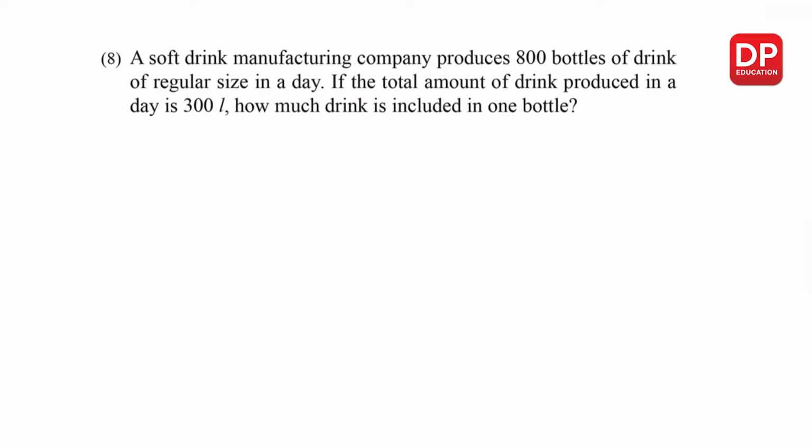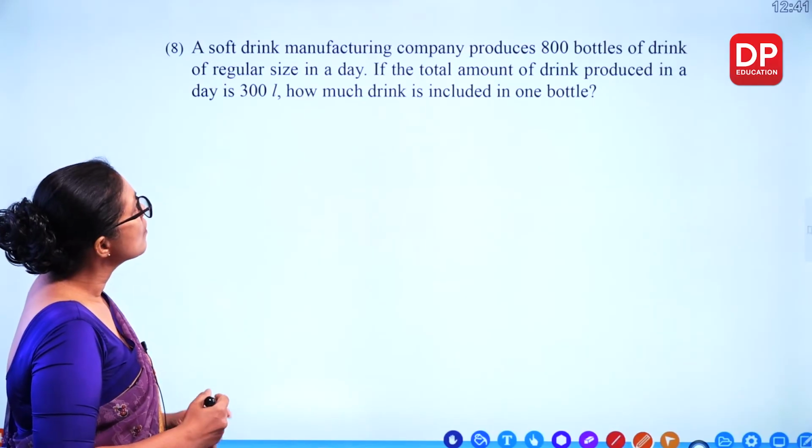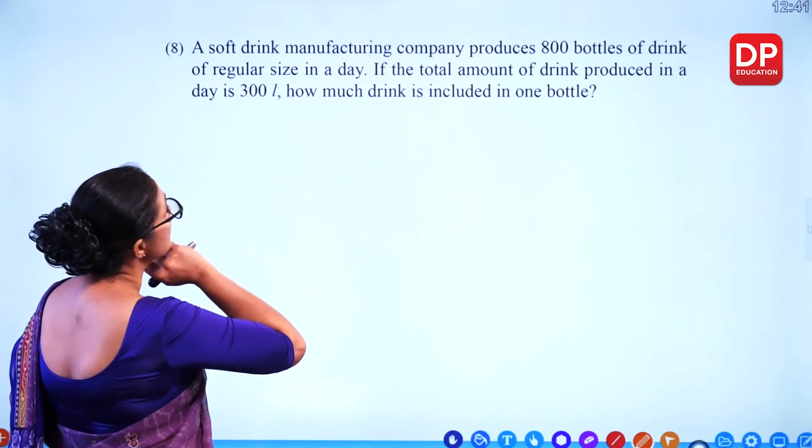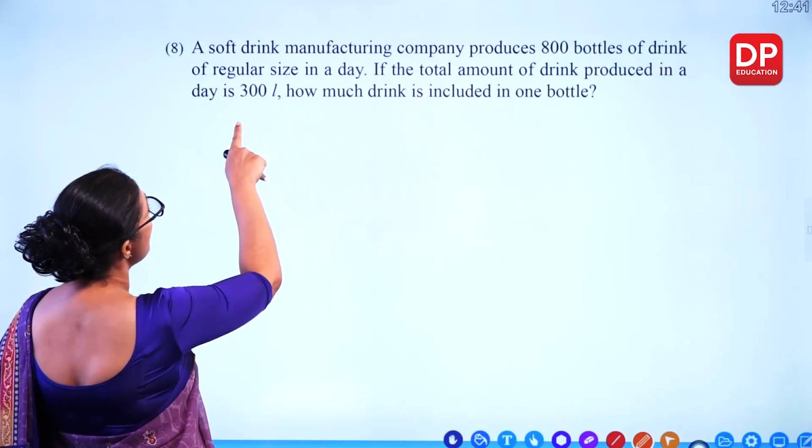Question number 8. A soft drink manufacturing company produces 800 bottles of drink of regular size in a day. If the total amount of drink produced in a day is 300 liters, how much drink is included in one bottle? So we have to divide and see. So what's the total amount? This is 300 liters.